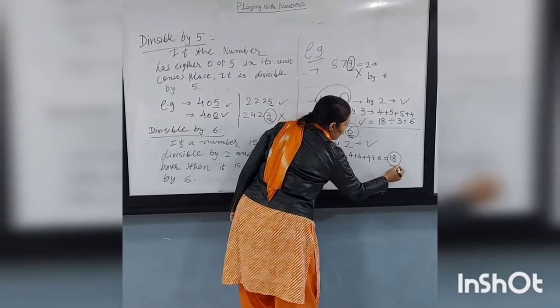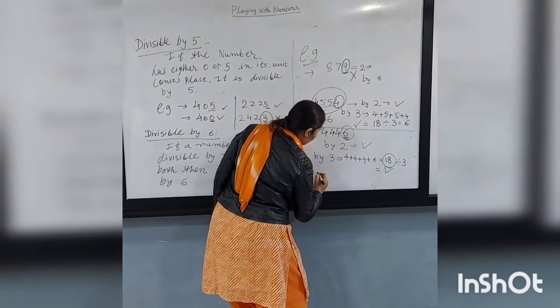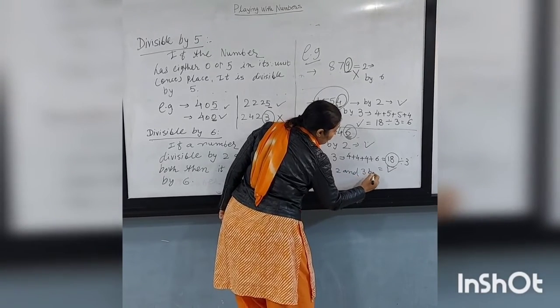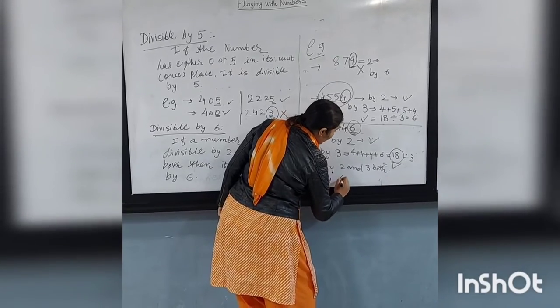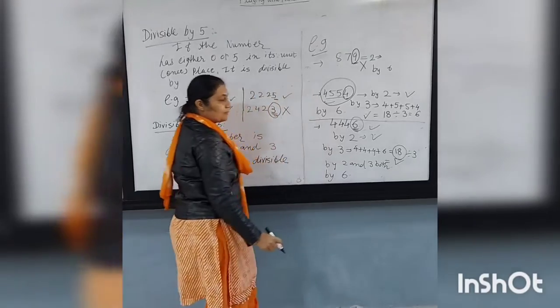So 18 is divisible by 3. Yes. So this number is divisible by 2 and 3 both. So this number is divisible by 6.